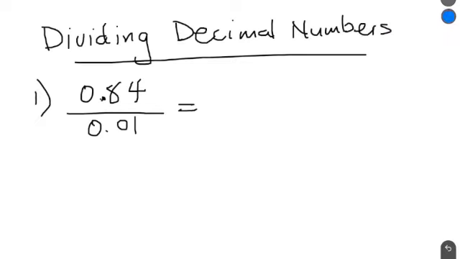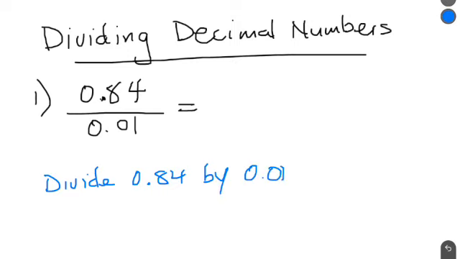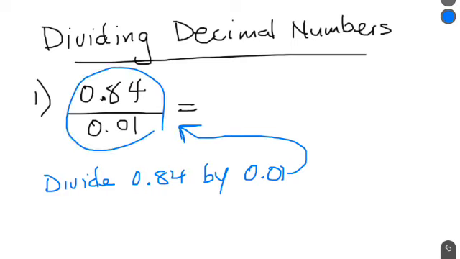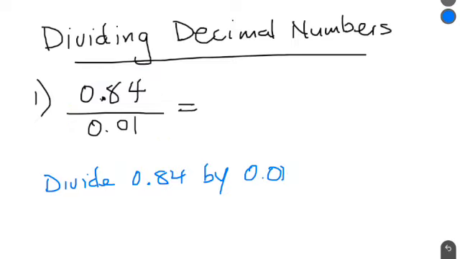Sometimes you may see the question as divide 0.084 by 0.01. If you see something like that, it just means that you would set up your problem like this. Okay, so let's proceed.